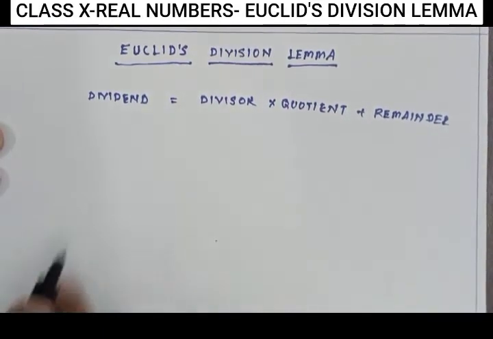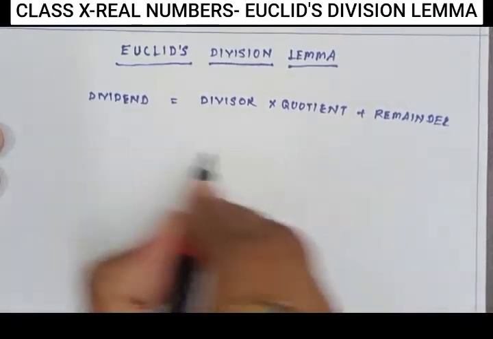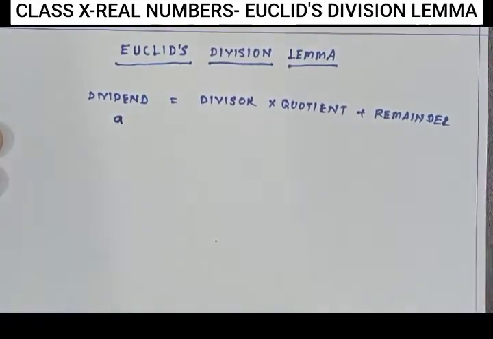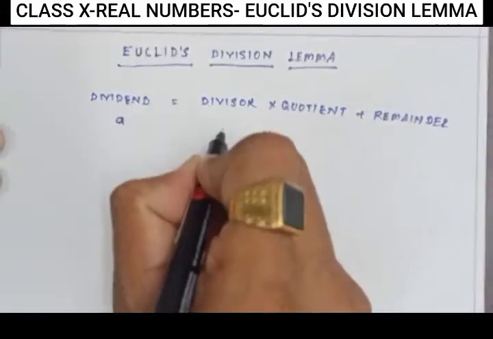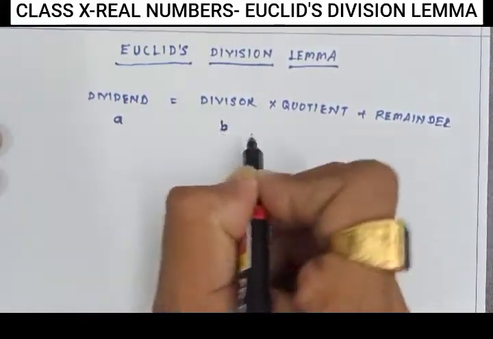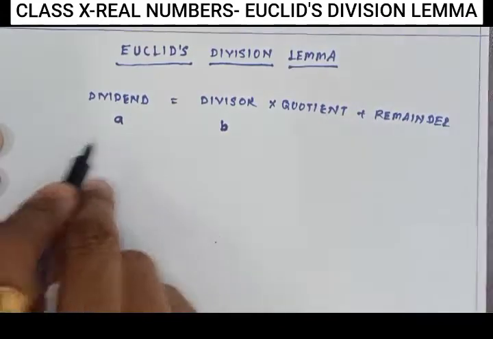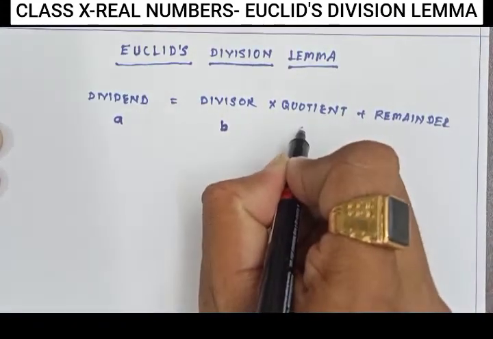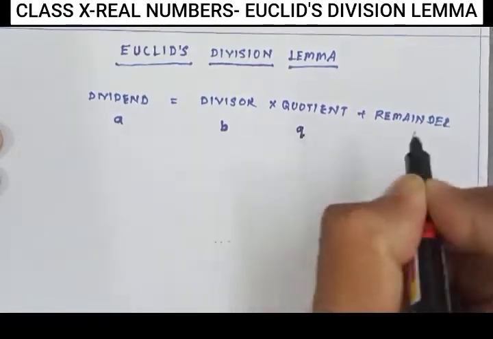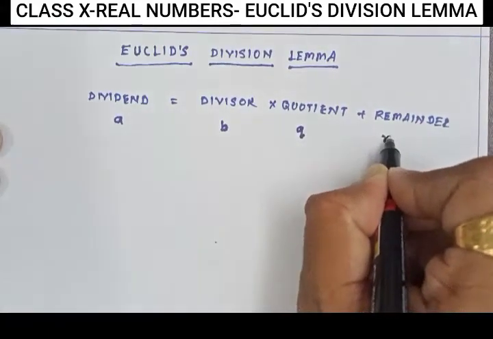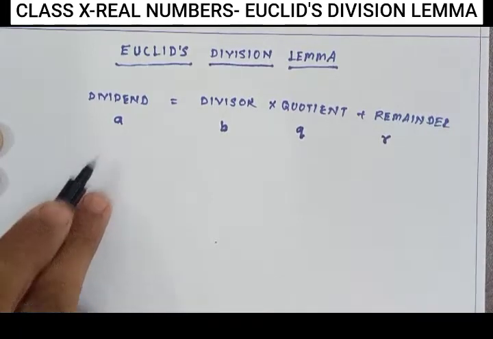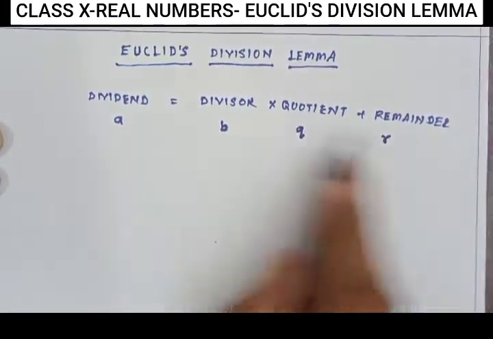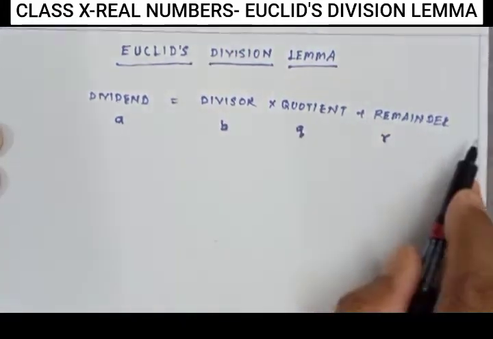Let's see. For our case, we will write dividend as A, divisor as B. Then for such two positive integers A and B, there must exist some Q and some R. I have written them just below the known terms: dividend, divisor, quotient, remainder.